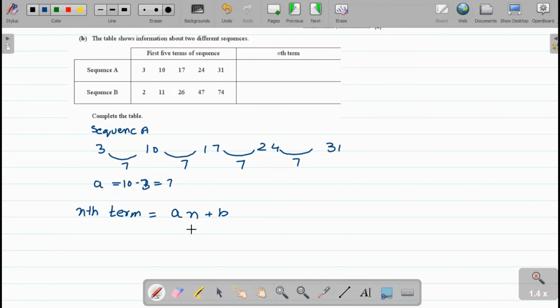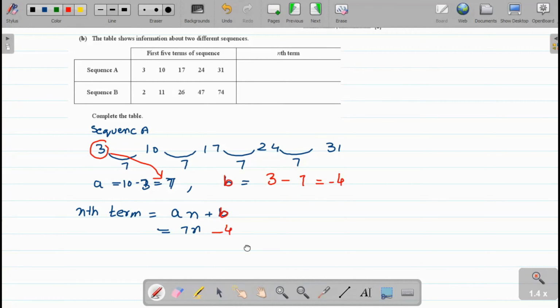Now we write it 7n, and the b can be found by taking the difference between 3 and 7. The difference 3 minus 7 is equal to -4, and that is b is -4.